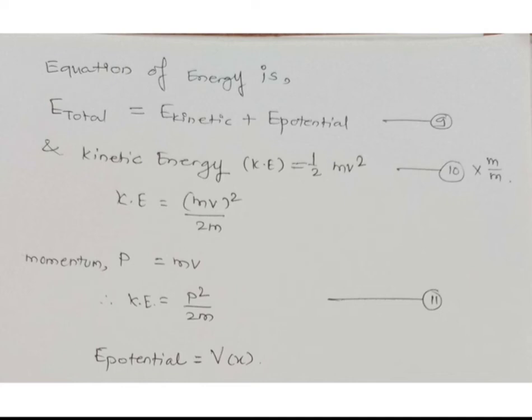And we know the definition of the momentum p, which is equal to mv. So kinetic energy is equal to p²/2m, and potential energy can be written as V(x), or the potential is given by V simply. So the kinetic energy equation p²/2m is our equation number 11.